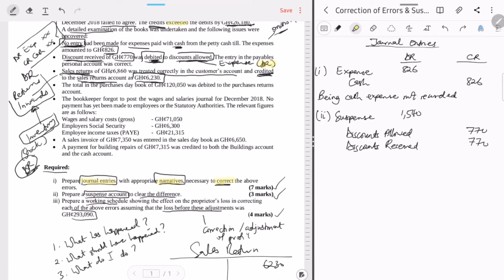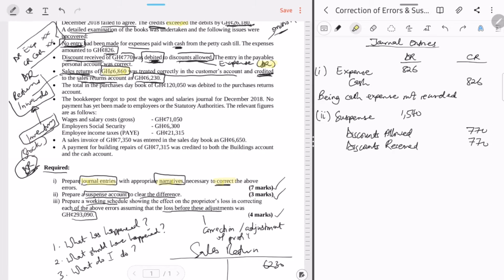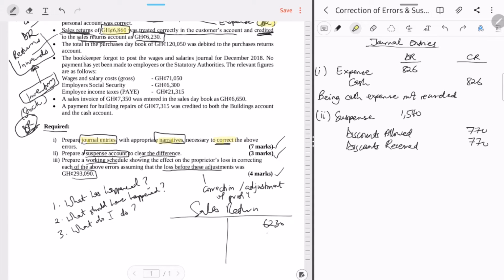The correct figure is 6860. This right here is the correct figure, 6860, right? So our ultimate aim is to have 6860, but we currently have 6230 here. What do we need to do to make our 6230 become 6860?